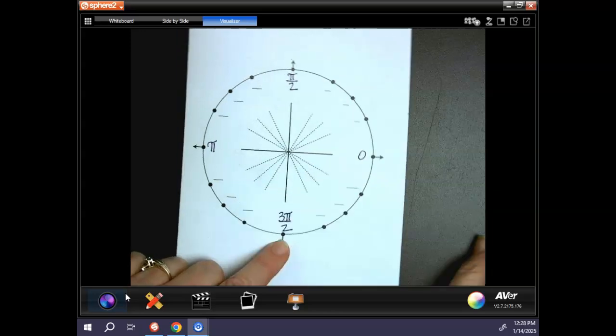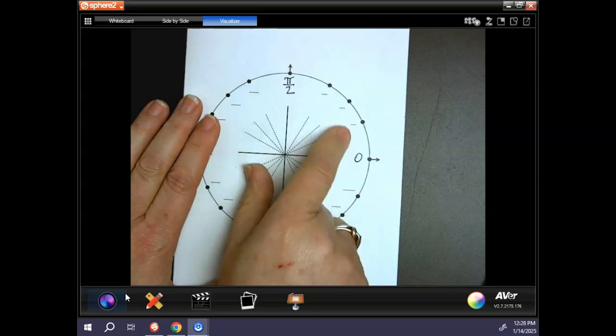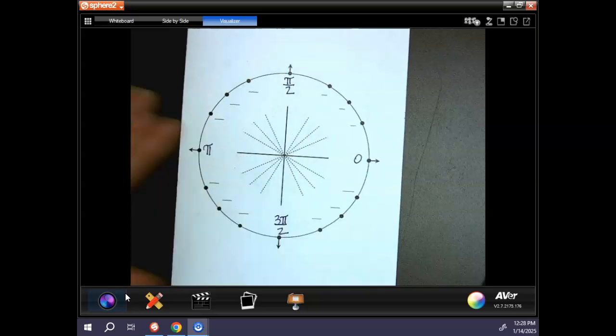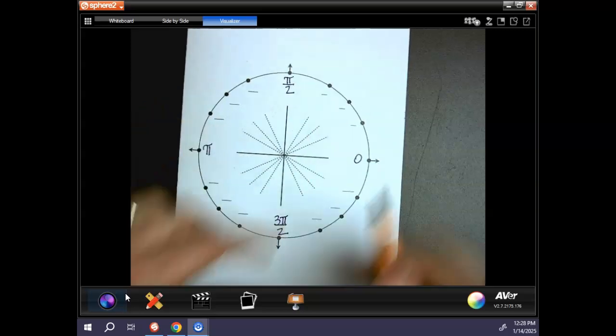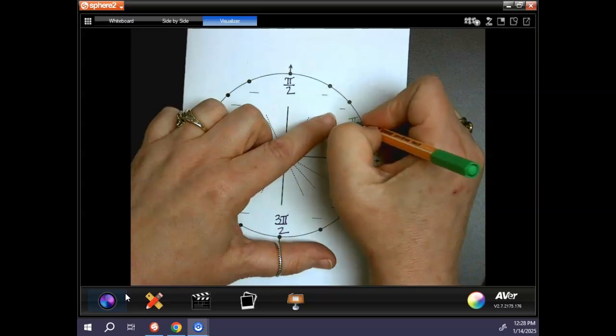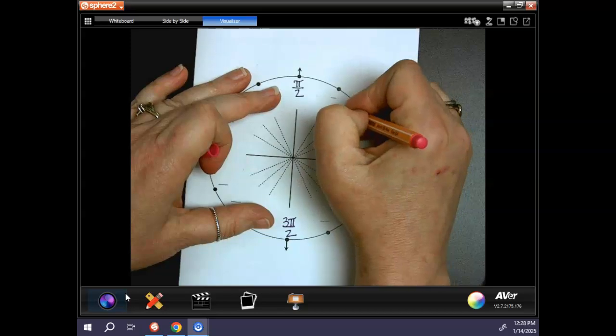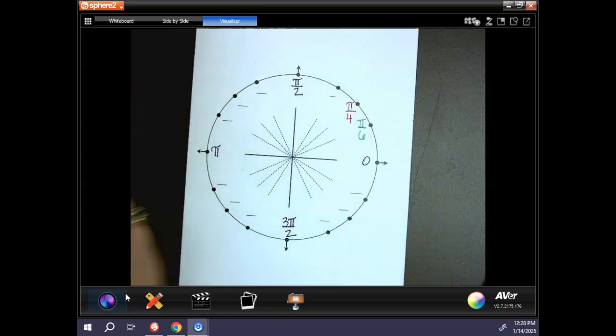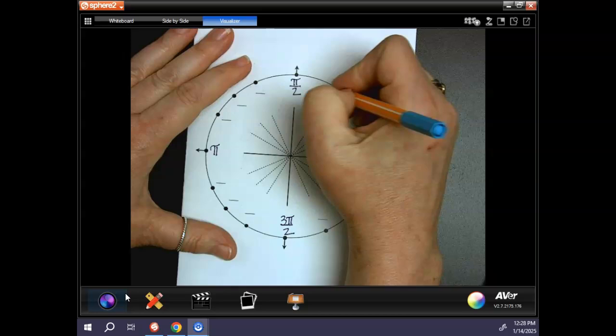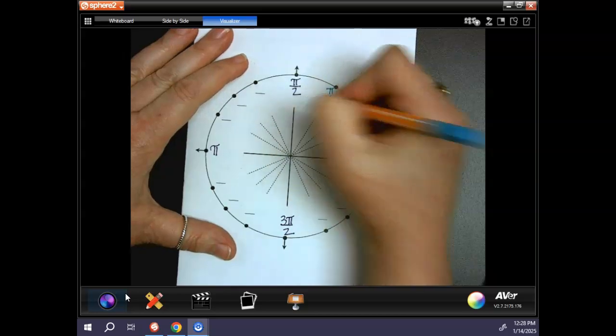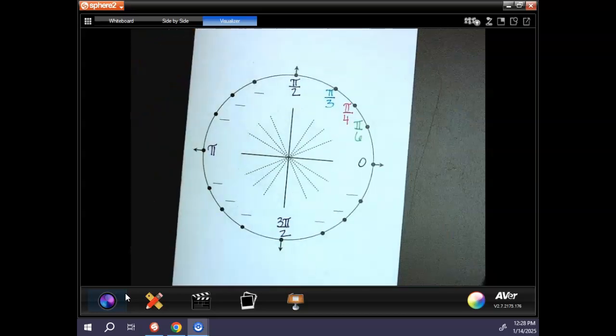All right, go ahead and fill in the other three angles that go in the first quadrant. Just the first quadrant. Again, we should be experts at those, yes?